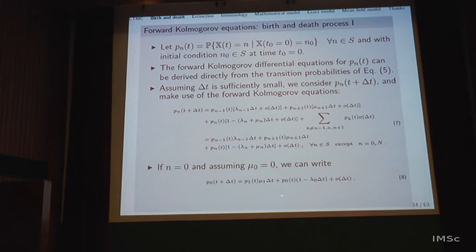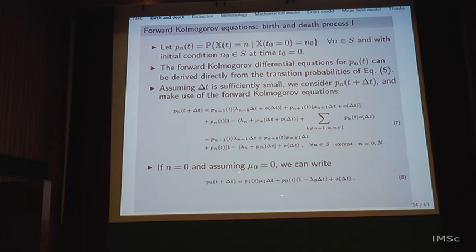But in the case of a birth and death process, if I want to understand what is the probability to be in a state n at time t plus delta t, the sum is only restricted to: I can go to this state because I was in n-1 and there is a birth event, or I was in n+1 and there is a death event, or I just stay there. And of course, these other terms that come from the other states are negligible in comparison. So this is much simpler, just because the structure of the transitions only connects you with one state to your right and one to your left.